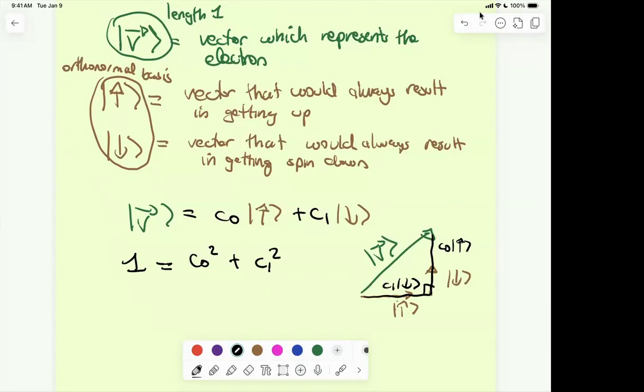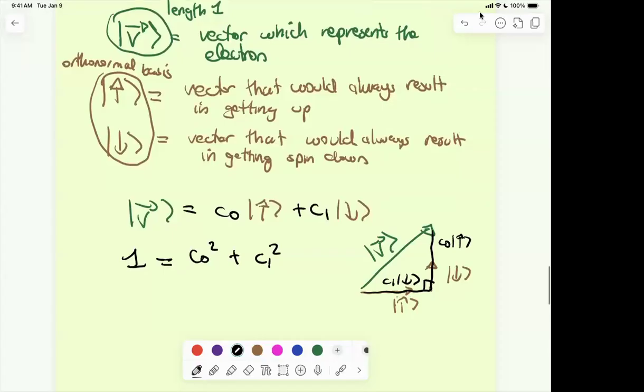So you have one equals the sum of two numbers. Each of them is non-negative, right? Because it's a square. So you have the sum of two numbers equal to one, right?